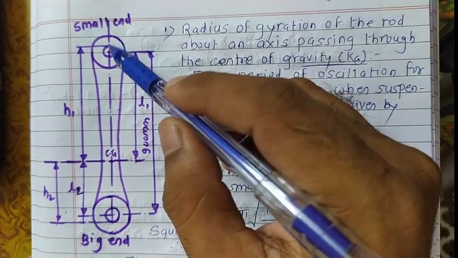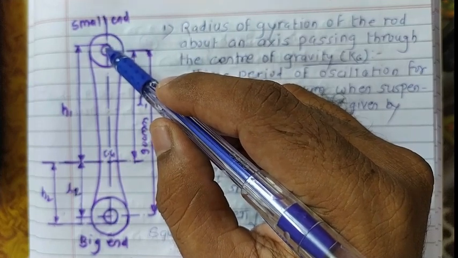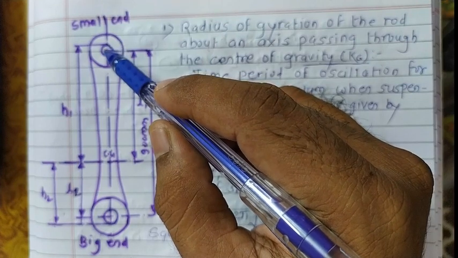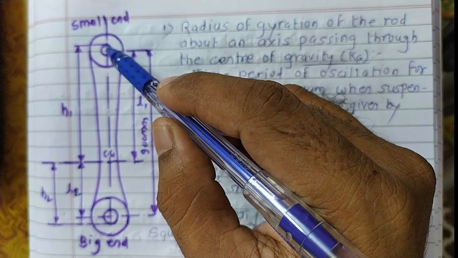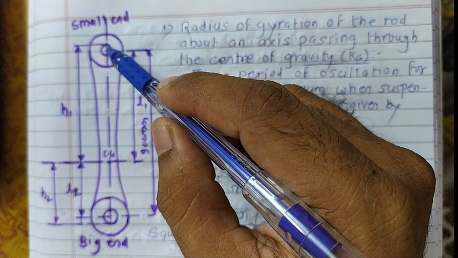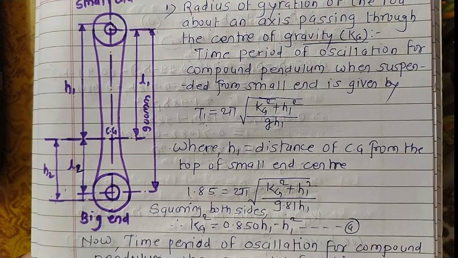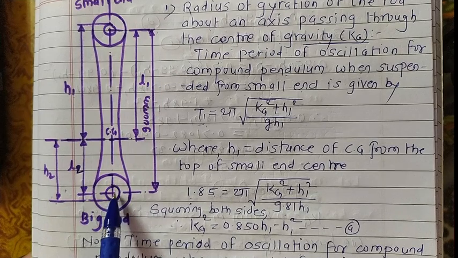So what about this one? The diameter of this one is given as D1. So this distance, diameter by 2, means D1 by 2. From this end, the diameter for this one is given as D2.